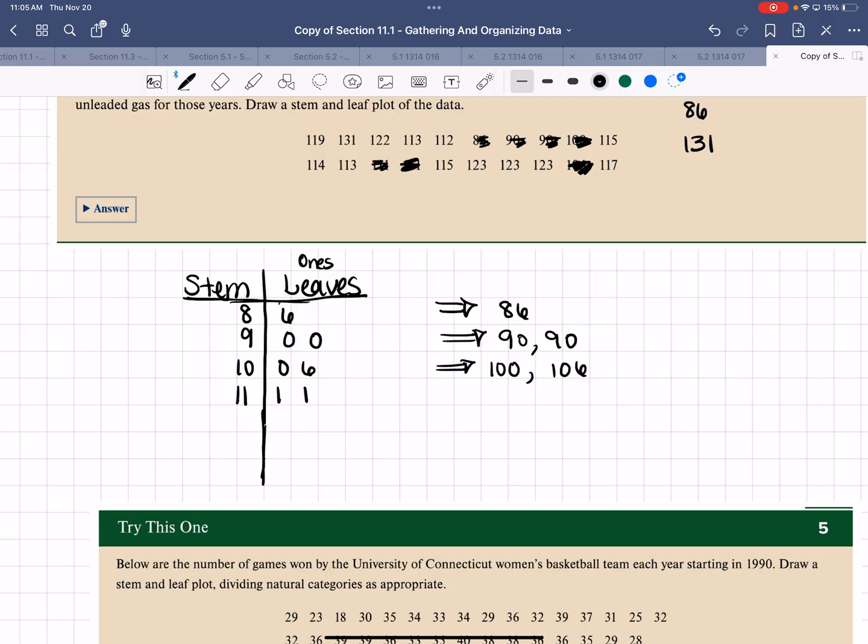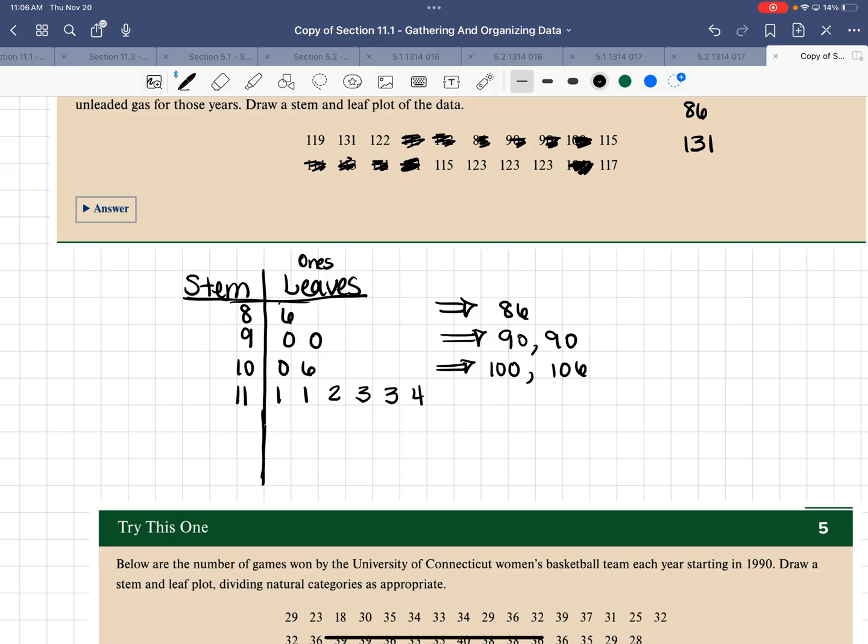Okay. What about 112? Do I have a 112? Yes. Just 1? Yes. How about 113? Yes. I have 2 113s? Yes. Okay, so then I need to put 2 3s. Because I got a 113, 113. Do I have a 114? Yes. How many? 1.